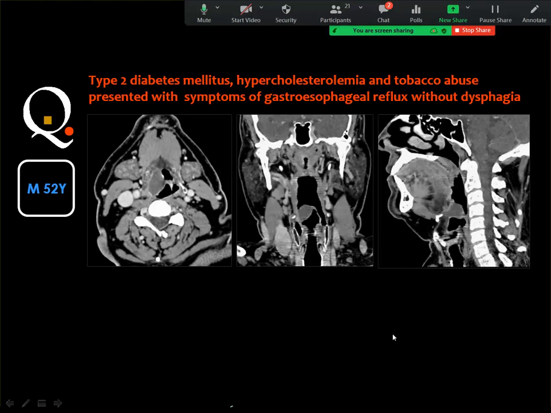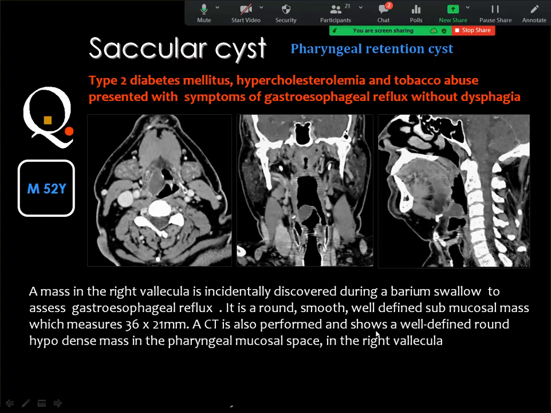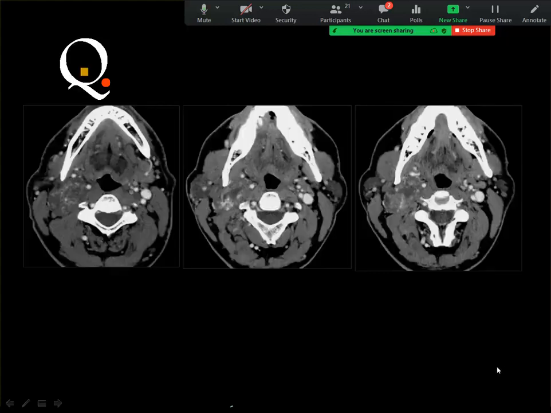Laryngocele may be secondarily infected, and the secondarily infected laryngocele will show air fluid level and show significant marginal enhancement and edematous changes in the soft tissues surrounding the lesion. This is known as saccular cyst, or sometimes is known as pharyngeal retention cyst.